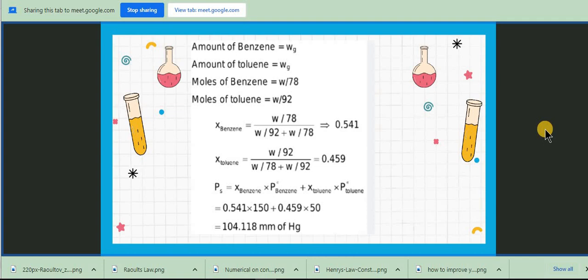Then we divide by the molecular mass, get the mole fraction, and substitute in the formula P total is equal to the partial pressure of benzene plus the partial pressure of toluene. This way we can do the numerical.